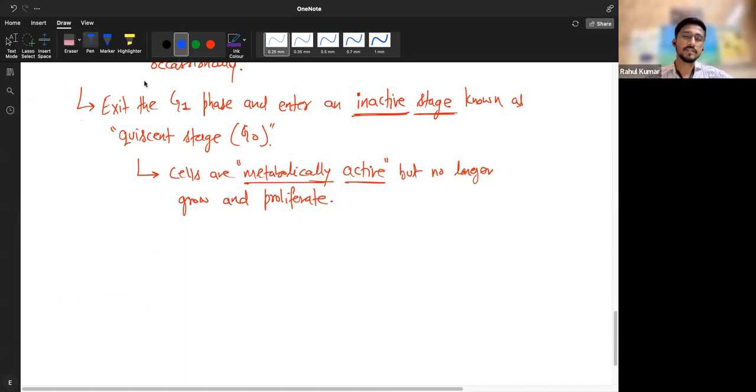Mitotic cell division in animals takes place in diploid somatic cells, in all diploid somatic cells, basically. So in animal cells, animals are mostly diploids.